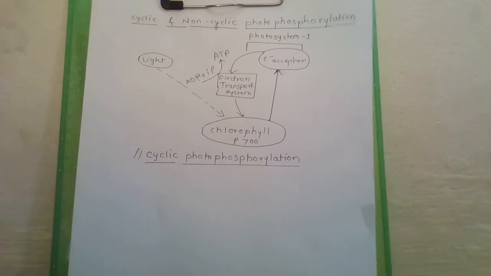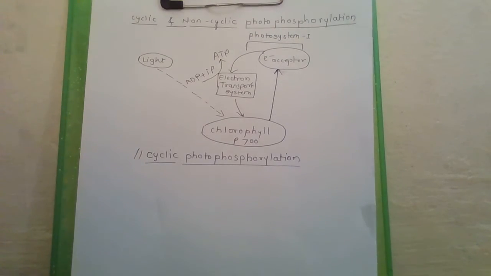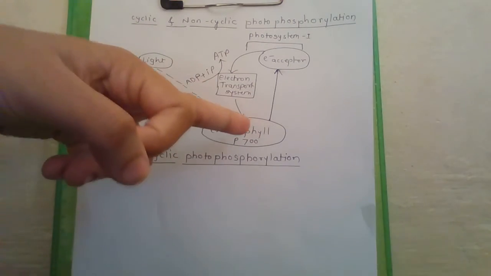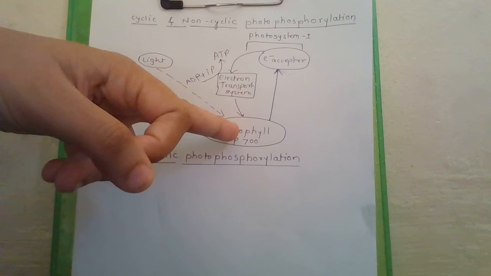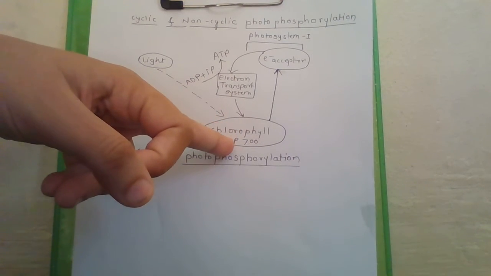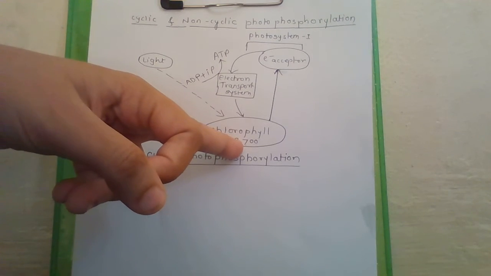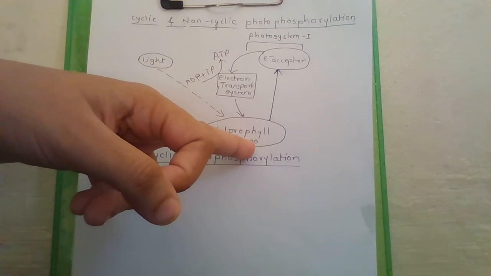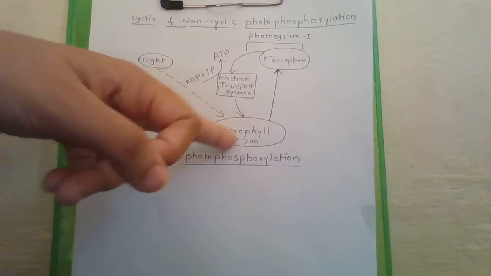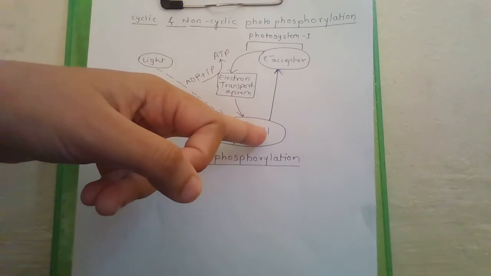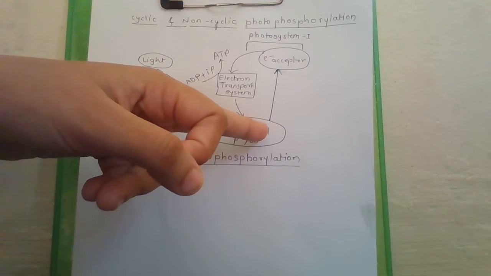Next diagram we will discuss is cyclic photophosphorylation. Here light falls on LHC, the light harvesting complex, where the wavelength is 700 nanometer. Chlorophyll A tries to form the reaction center.